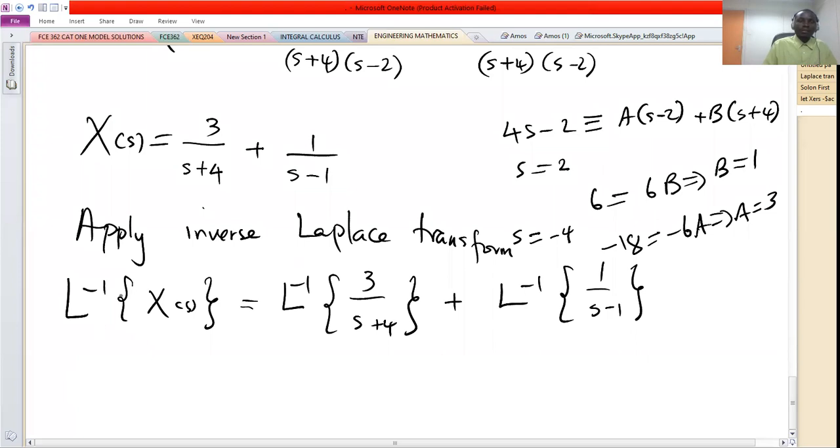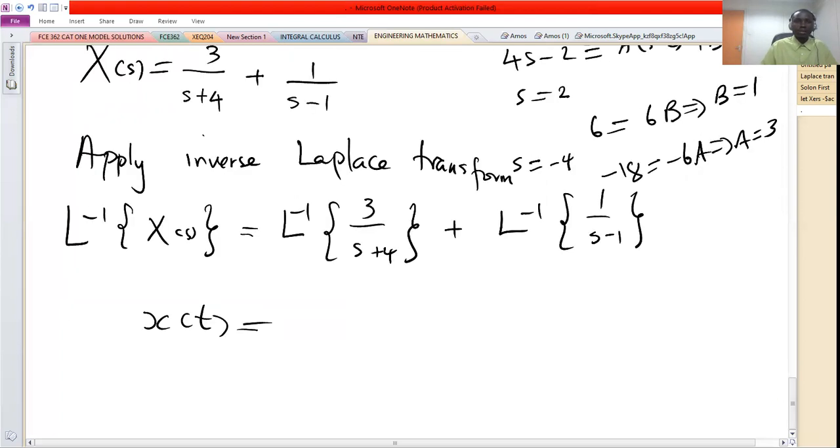And this Laplace inverse of this one is small x of t, which will be this one. You can factor out 3, linearity property of the inverse Laplace transform, so that we get 3 times 1 over S plus 4, plus this one is a standard one, which is just given by e raised to the power.